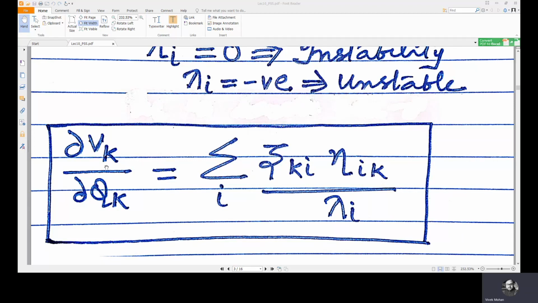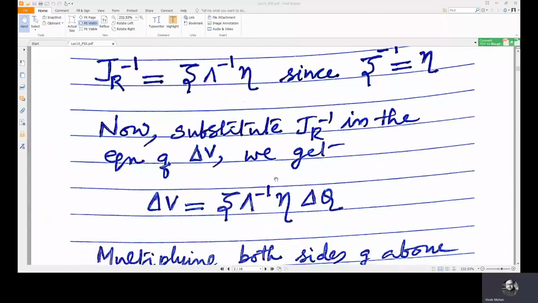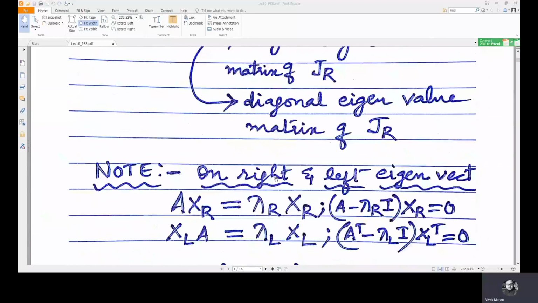So the kth modal VQ sensitivity is ∂Vk by ∂Qk, which is equal to sigma over I of theta Ki into eta Ik divided by lambda I. What is theta? Once again, I'm going to the main equation.